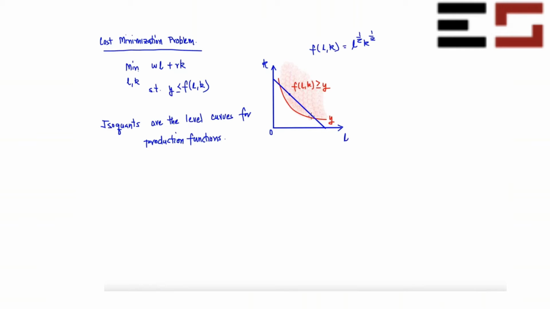Can you do better? Yes, we can do better. By moving inwards, we can reduce the cost. So this corresponds to a lower cost, and this gives you this particular point as a solution. Is that clear to everyone?